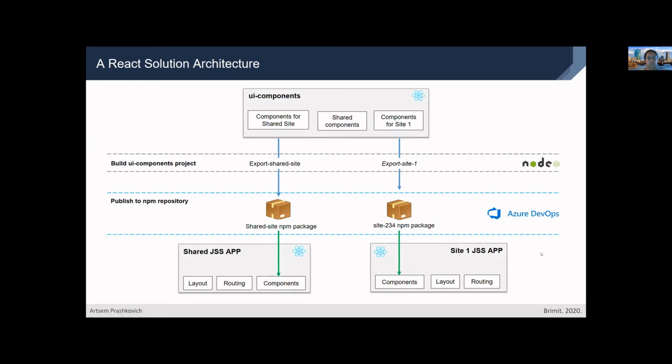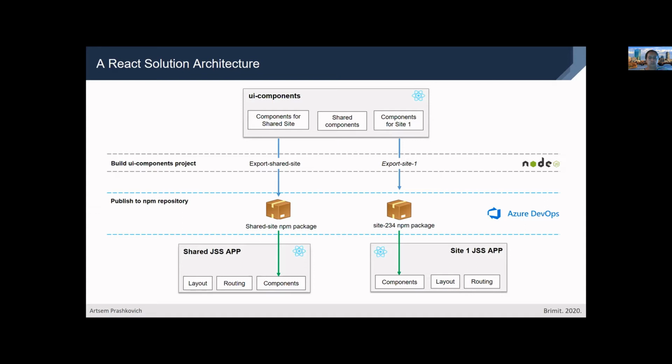UI components project has 2 build commands, which is used to separate export files where we define the components. One for shared and one for the site 1. The build command uses own export file, which includes the list of components that should be included to the package. The difference is in their number. Each of them includes only the components that are required for the specific site.